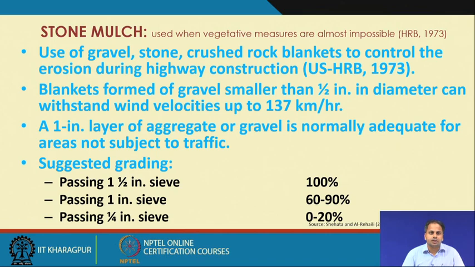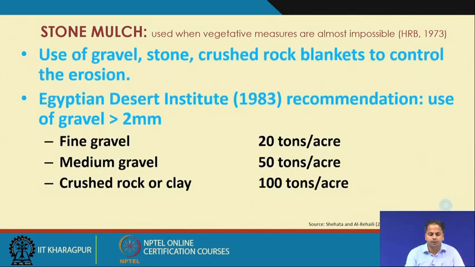So this is in terms of roads. Suggested grading includes 100% passing the 1.5 inch sieve, then 60 to 90% passing the 1 inch sieve, then passing 1/4 is around 20%. So this kind of grading can be used. Also, according to the Egyptian Desert Institute, they recommended using gravel of size greater than 2 mm, and they have specified the quantities also.